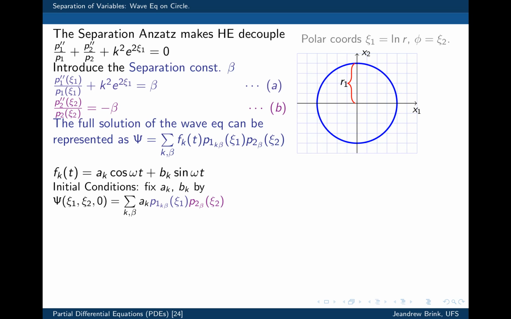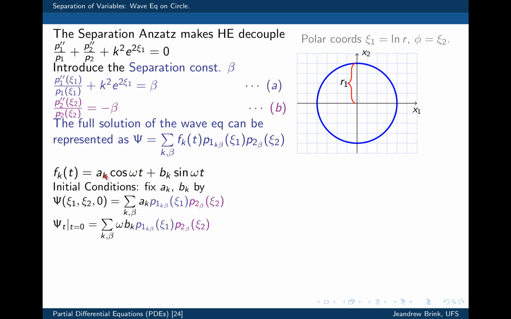If you'd knocked it and it's vibrating, and you take a picture of it at some point, you know how fast it's moving, then you would be specifying the initial condition as well as the initial derivative in time. And so you can get the b_k's if you know what the initial time derivative is of the surface's motion. Once again, you get this expression simply by taking the derivative of f with respect to t.